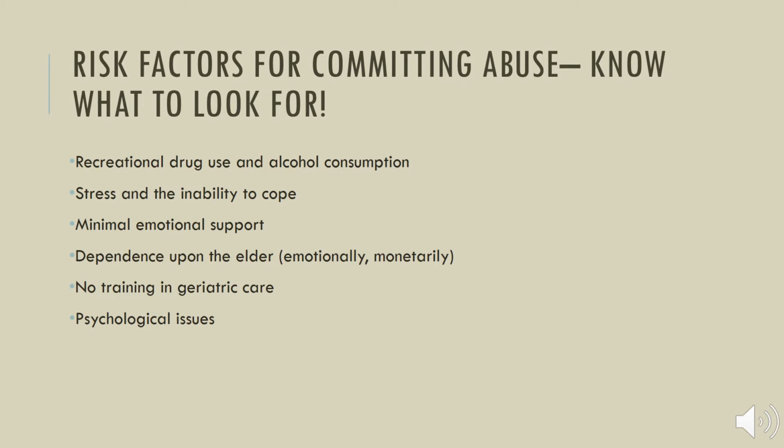This could be the stress of simply working in healthcare, for example, minimal emotional support from friends and family, dependence upon the elder. This can be emotional dependence or monetary dependence, lack of proper training and geriatric care, which could be due to simply being a new hire. And last is psychological issues.